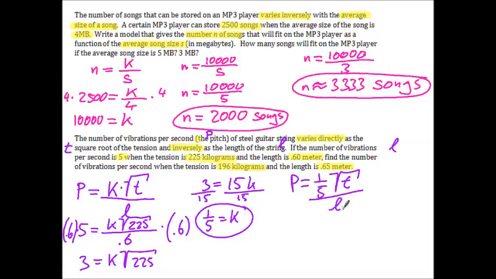Okay then, let's plug in our numbers for example where the tension is 196 kilograms and the length is 0.65 meters. P is equal to 1/5 times the square root of 196 divided by 0.65.